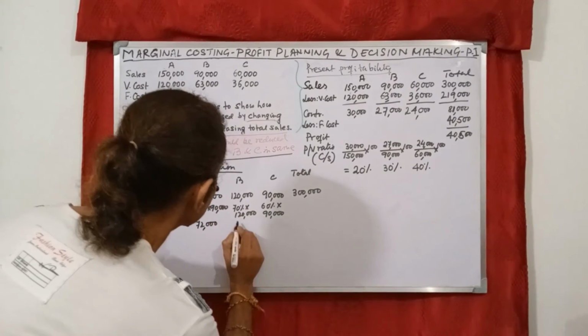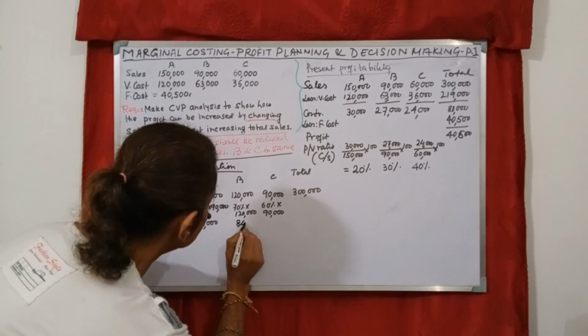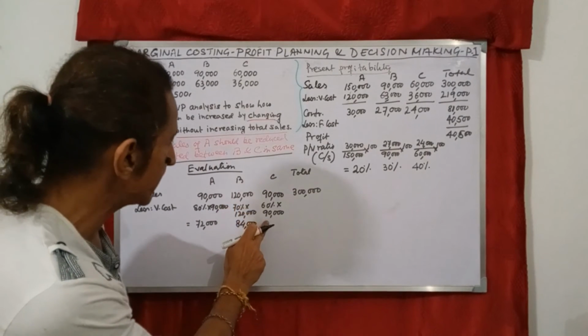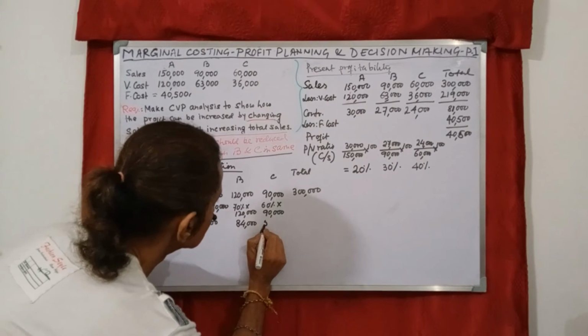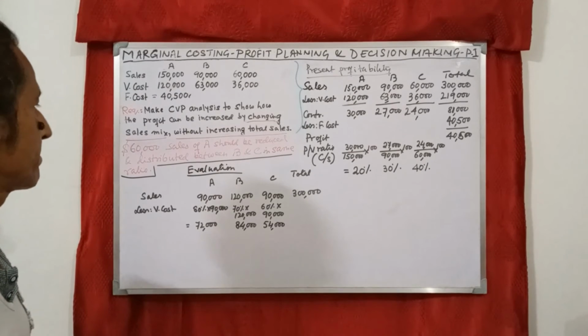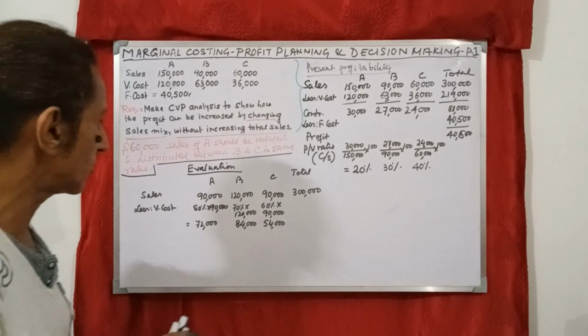Here it is 70% of 120, that means 84,000. And 60% of 90,000, so this is 54,000. So what is the total variable cost?